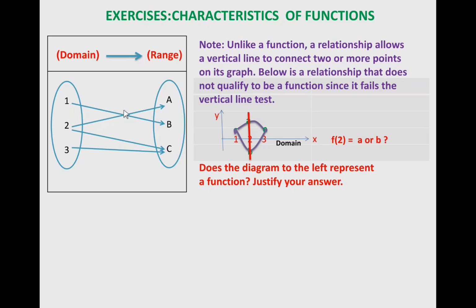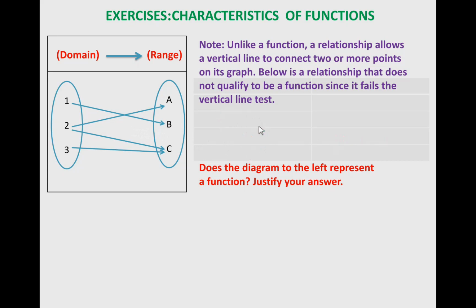It's mapped to more than one element in the range. And this mapping will result in the vertical line test failure. So this is not a function. That's the reason we put this particular test graph over here.